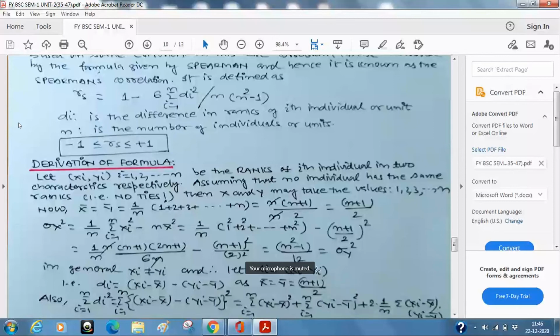And this is very common in mathematics that you add something and you subtract something, the same thing. Add a, subtract a, something like that. So di is equal to this because I have written x bar is equal to y bar is equal to n plus 1 by 2.